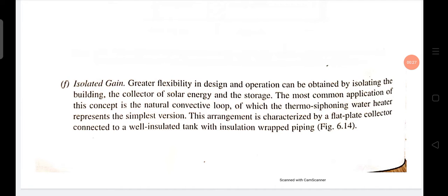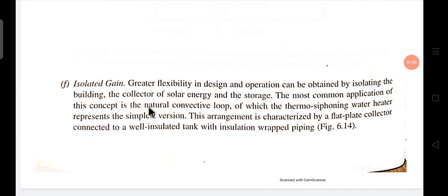Isolated gain means we isolate the thermal storage from the collector of solar energy. That means we will place our collector in a different place from the storage.